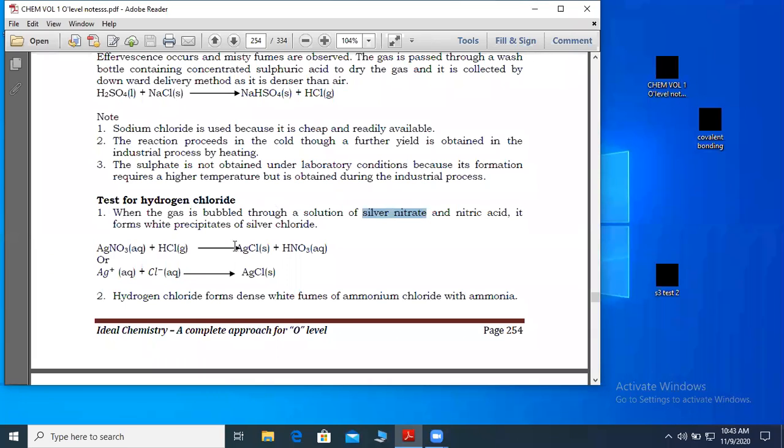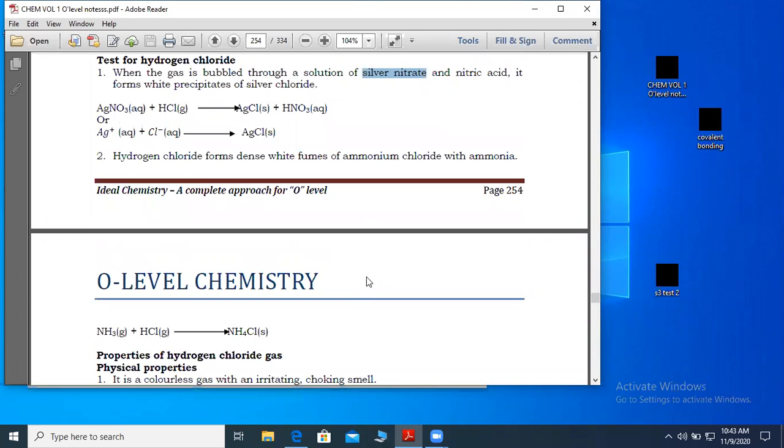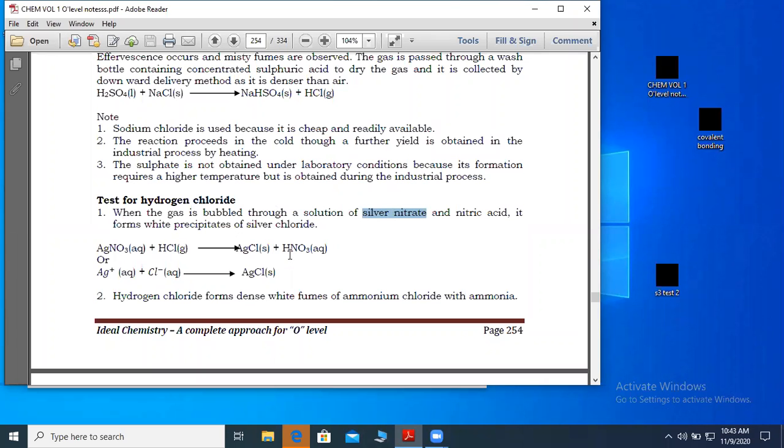The white precipitate formed is silver chloride. Why is it like that? Remember, all chlorides are soluble except two chlorides which do not dissolve in water. Who can tell me? Someone tell me about the solubility of chlorides. There are two chlorides which do not dissolve in water.